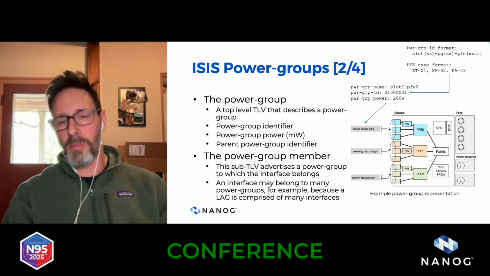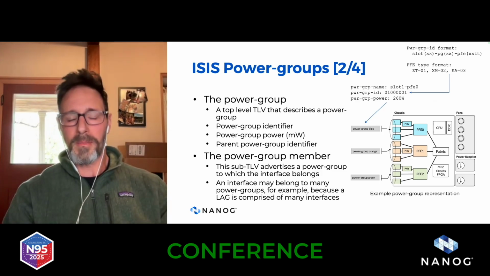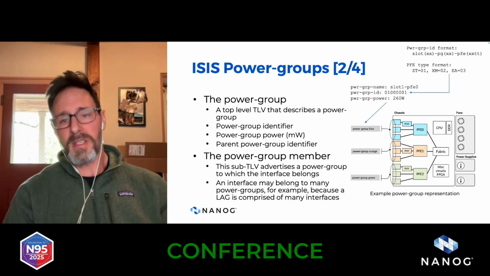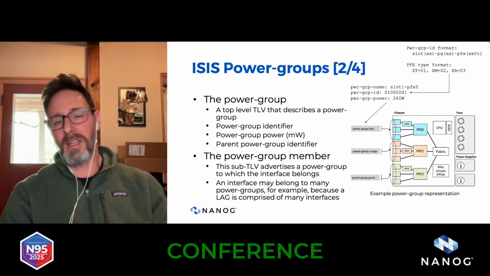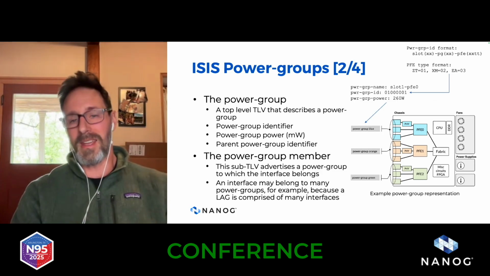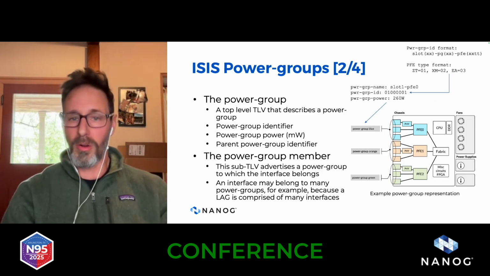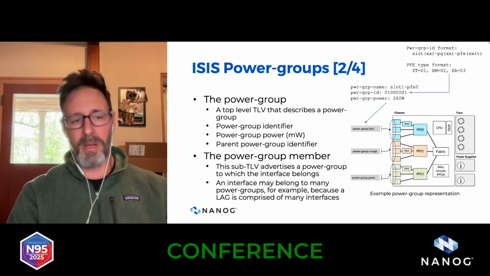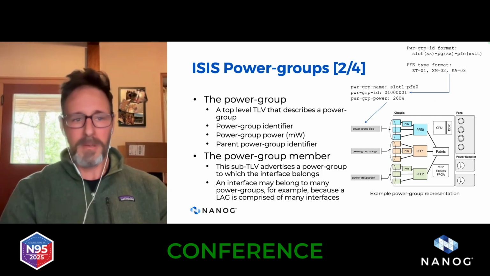You can see that you have the ability to use various kinds of formats for the group ID. In this example, I'm showing that I've encoded a slot ID, a port group ID, and a forwarding engine ID and type into that power group. Remember this for later when I start to talk about how we actually do path placement.